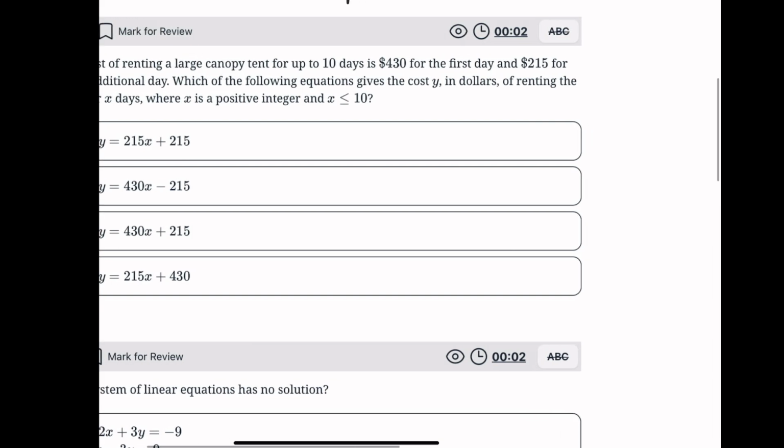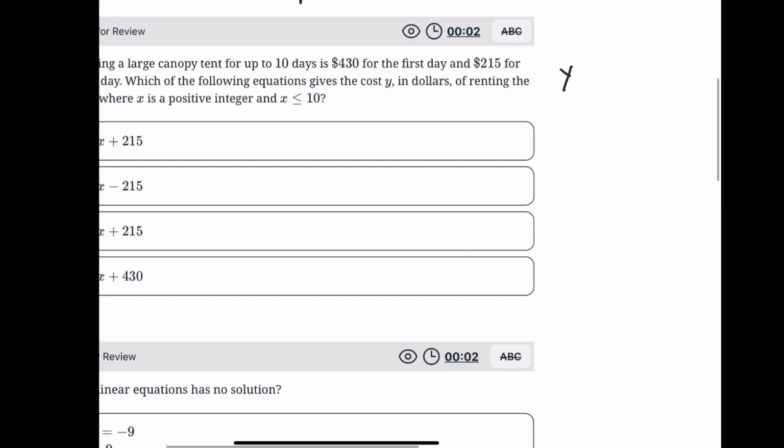This is like the equation in the form of y is equal to mx plus b, right? So let's say that it's $215 for each additional day. For the first day it's $430.